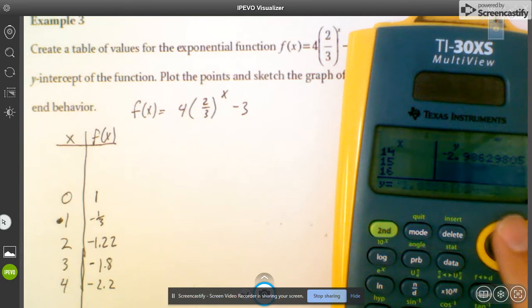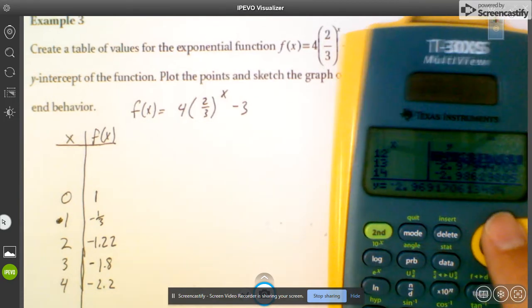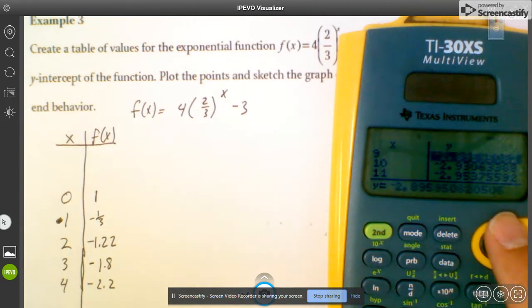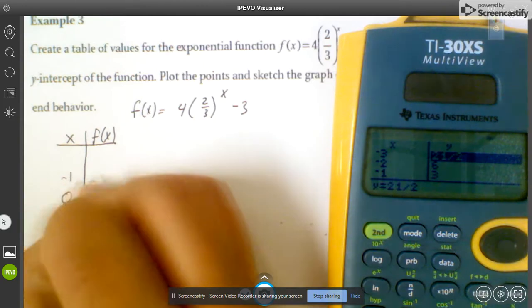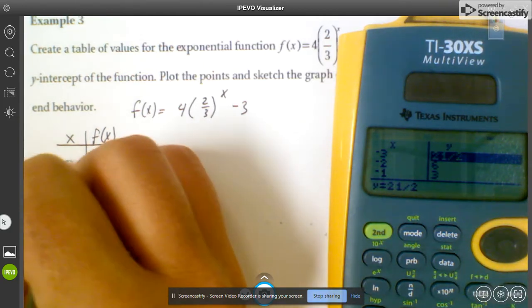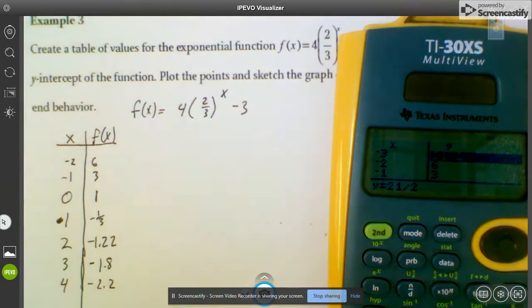Okay, so now I need to go back to the other side and check out my zeros, or my negative numbers on the other side of 0. So I have 3, 6, and then that is 10.5.